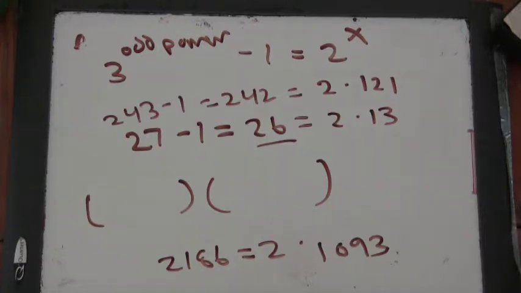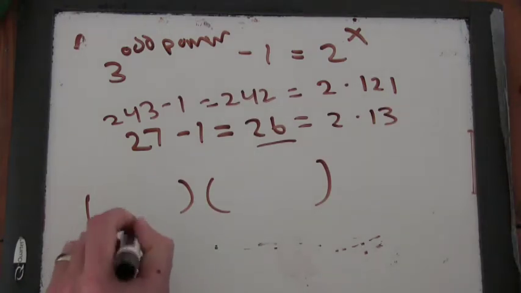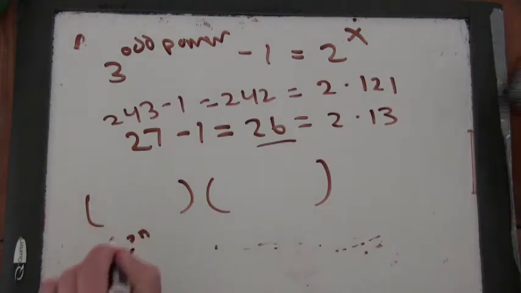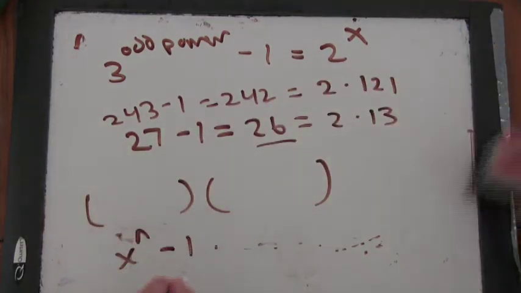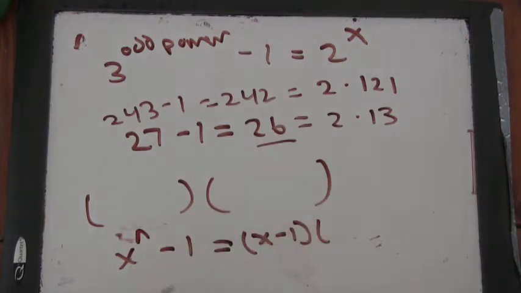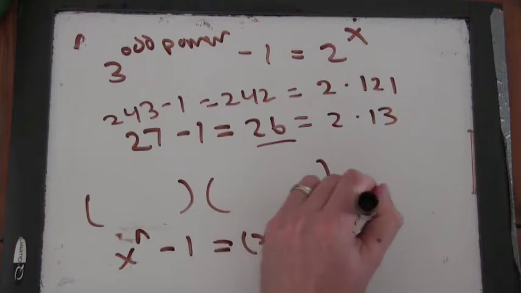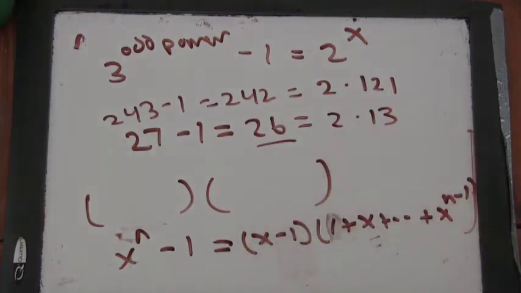And it turns out that x to the n minus 1 equals x minus 1 times 1 plus x plus up to x to the n minus 1.